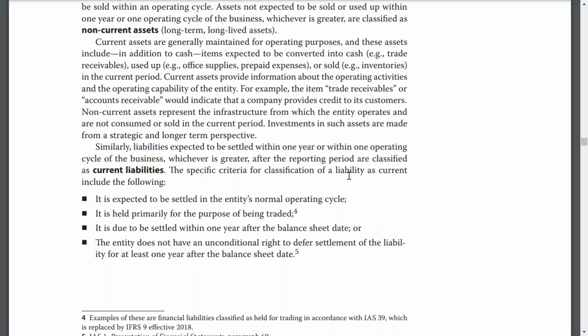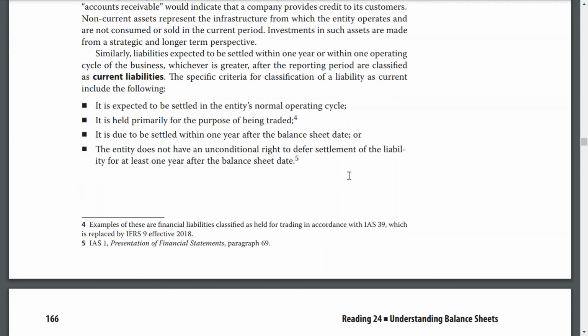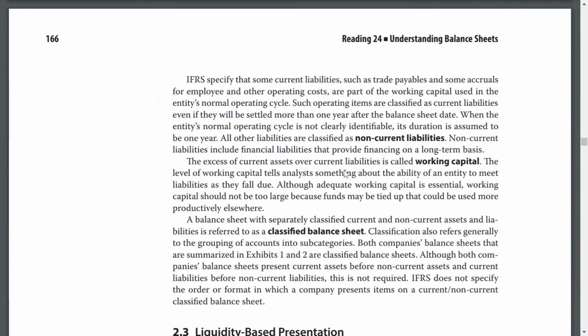Similarly, liabilities expected to be settled within 1 year or within one operating cycle, whichever is greater, after the reporting period, are classified as current liabilities. The specific criteria for classification of liabilities as current are as follows. IFRS specifies that some current liabilities, such as trade payables and some accruals for employee and other operating costs, are part of the working capital used in the entity's normal operating cycle.